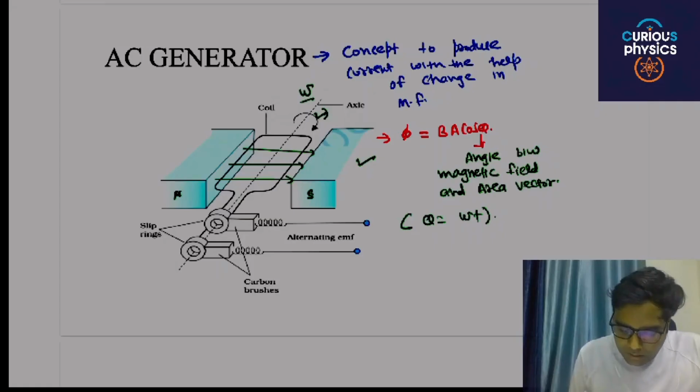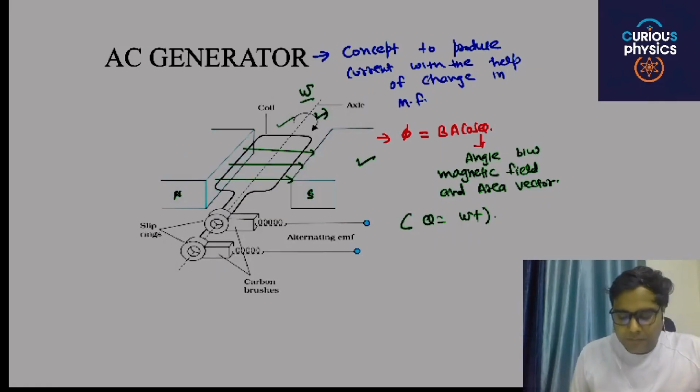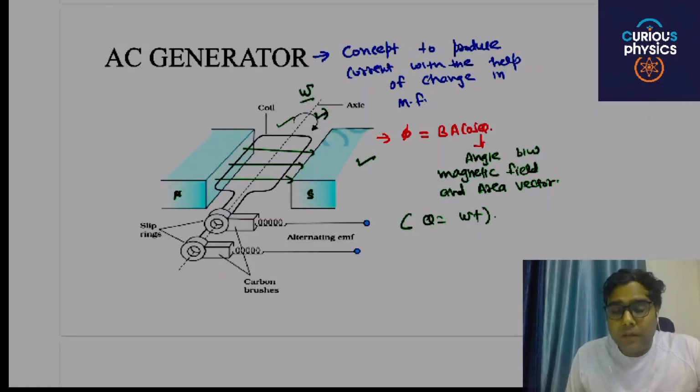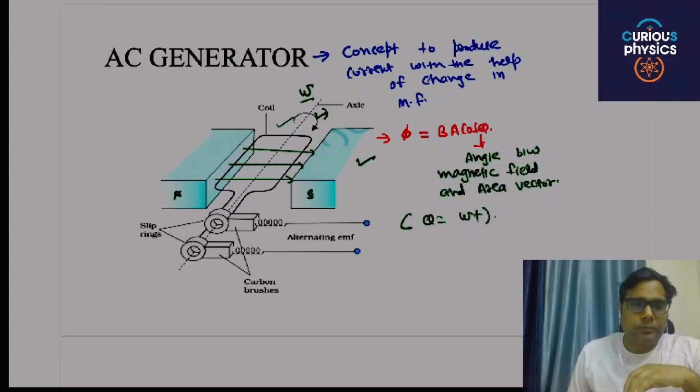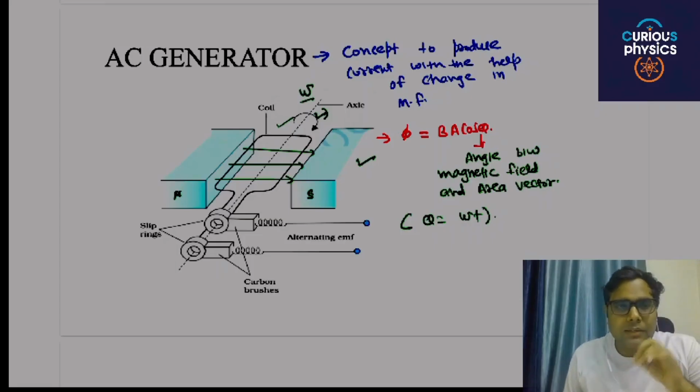For example, when the loop is parallel to the magnetic field, the angle between the area vector and the magnetic field is 90 degrees. When the loop is perpendicular to the magnetic field, the angle between area vector and magnetic field is 0. Always remember the angle between the magnetic field and the area vector.